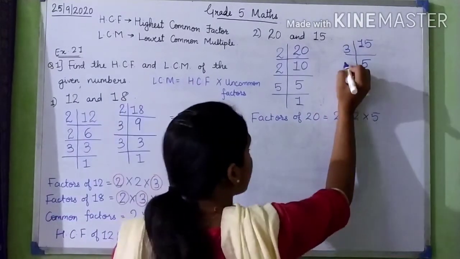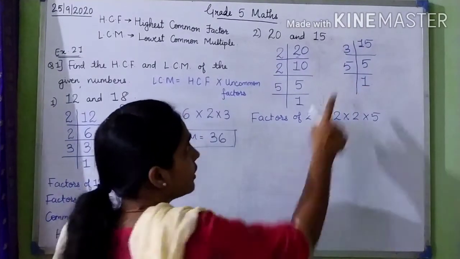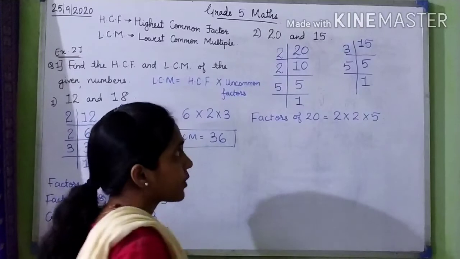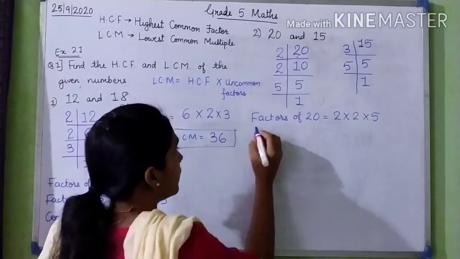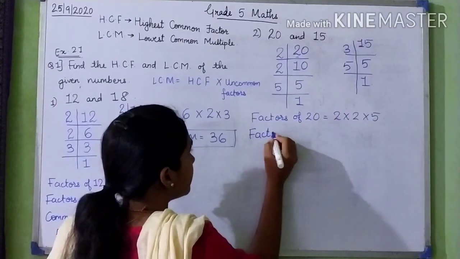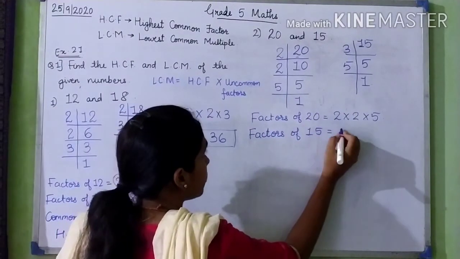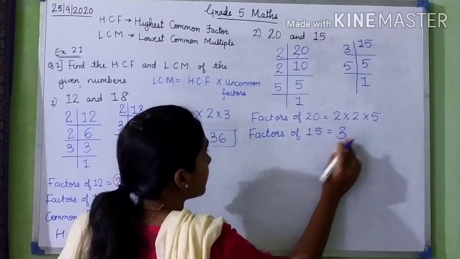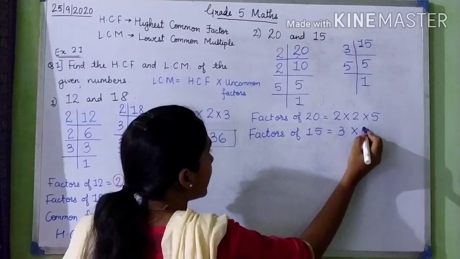So 5 into 1 is 5. So what factors have we got for 15? 3 and 5. So the factors of 15 are 3 multiplied by 5.